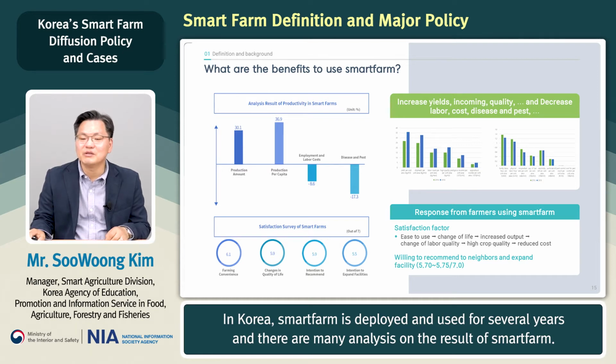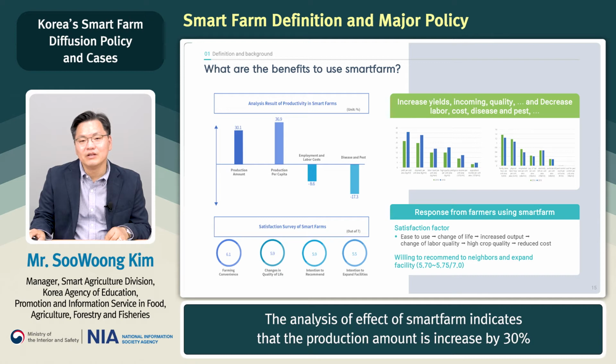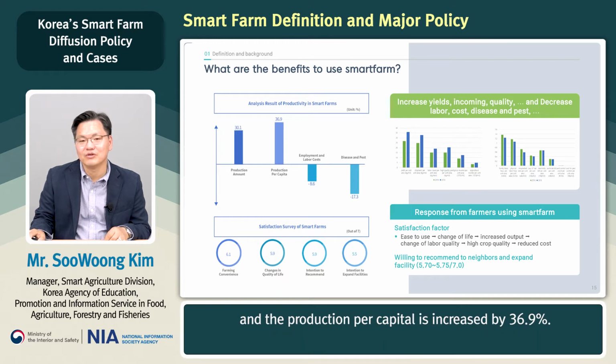In Korea, smart farm has been deployed and used for several years, and there are many analyses of the results of the smart farm. The analysis of the effects of smart farm indicates that the production amount increased by 30%, and production per capita increased by 36.9%.